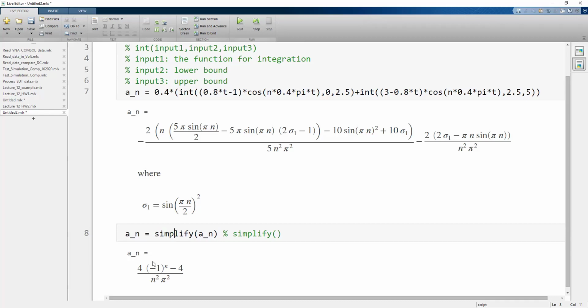So let me write this down. Minus 1. Right. Any questions related to MATLAB?